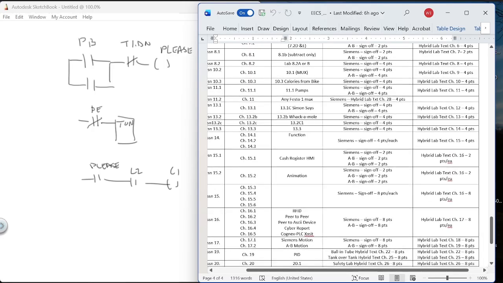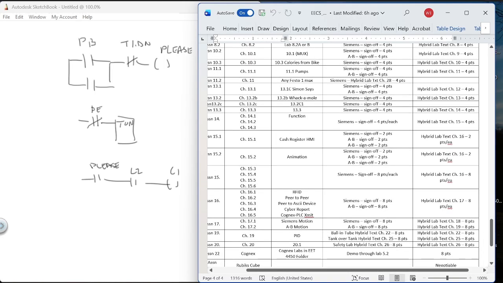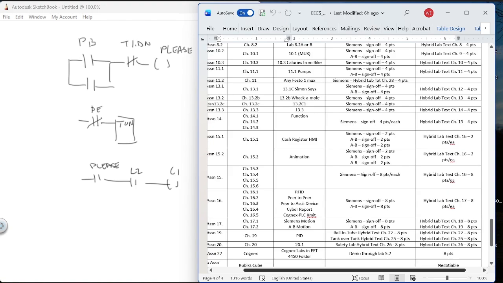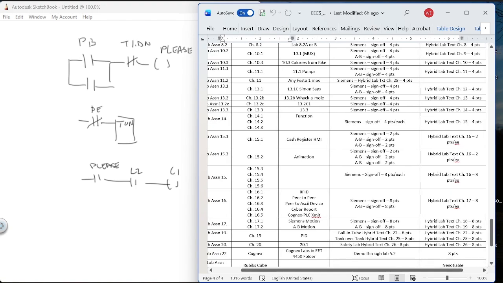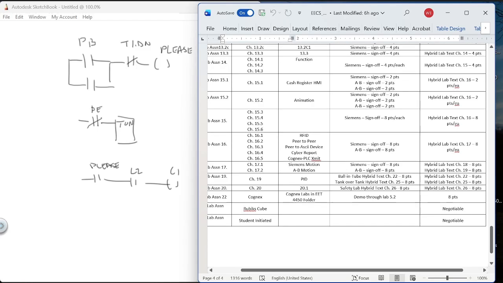Now, here's where they start getting good. The chapter 15 labs, there are 2 groups of chapter 15 labs. The 2-point labs, which are echoes of the labs that are in chapter 7. Now, chapter 7 is supposed to be without an HMI, and chapter 15 is supposed to be with HMI, but I started it from the very beginning giving you the option of HMI.